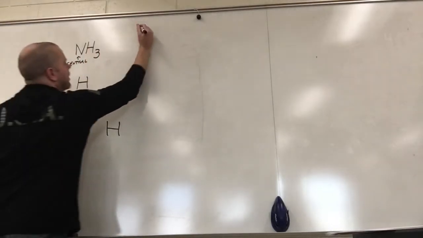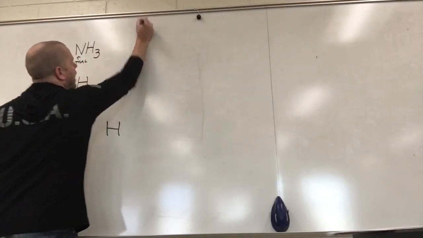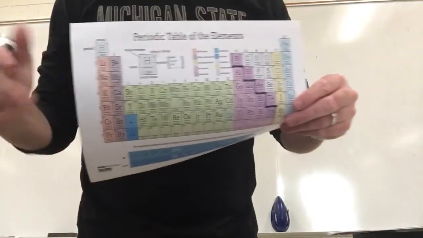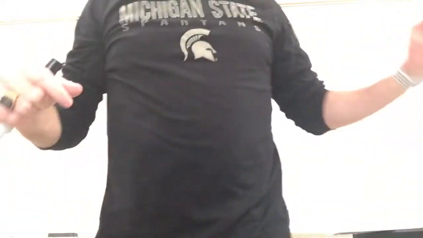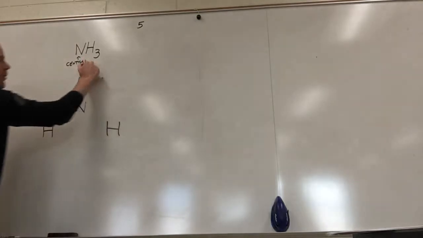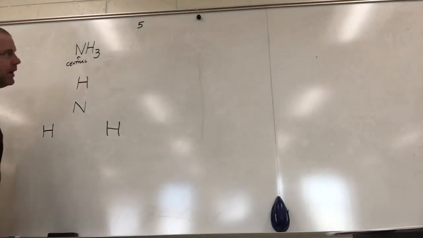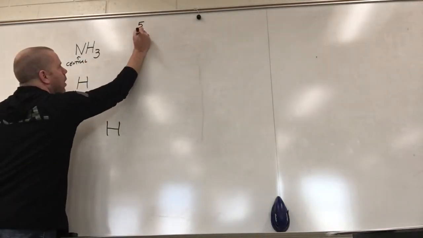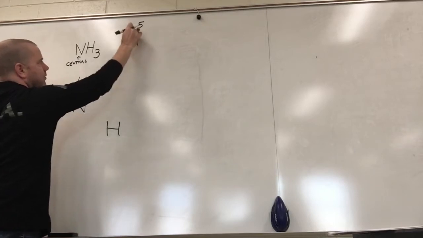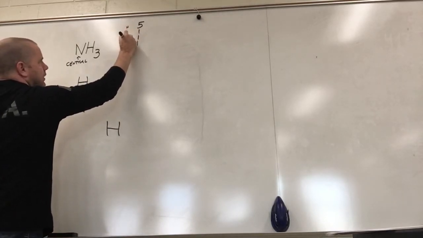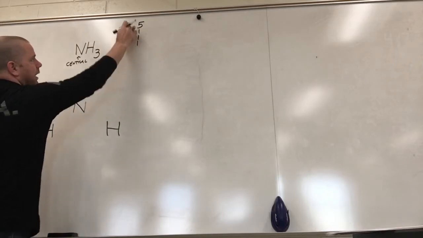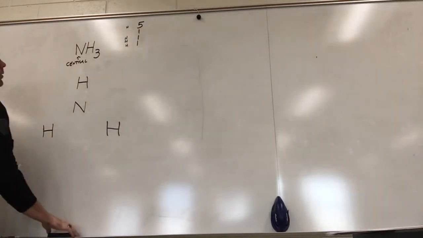Therefore, our valence number for that is 5. Hydrogen, on the other hand, is part of group 1 on the periodic table. It's over here, and it has 1 valence electron. There are 3 hydrogens in NH3, so 1, 1, 1 to reflect the 3 hydrogens. So this is for nitrogen, hydrogen, hydrogen, hydrogen, and H3, okay?